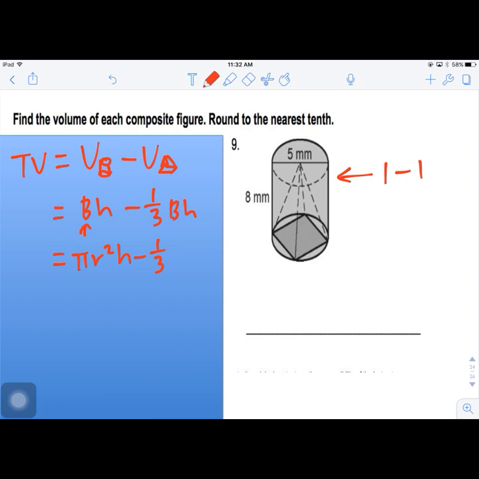So the base is actually a square. So let's go ahead and find the radius, the total side length, because we have an isosceles square, and we know that the entire diameter is 5.